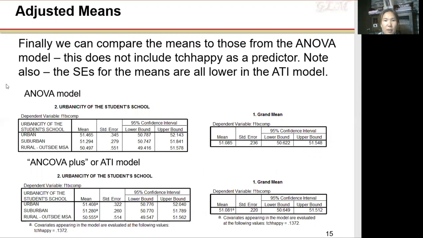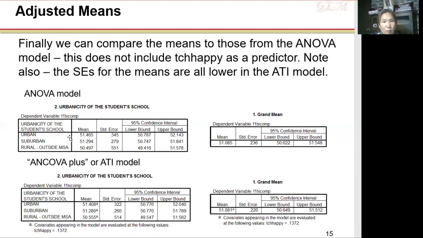Finally, we can compare the means to those from the ANOVA model. This does not include teacher happiness as a predictor. ANOVA has only a categorical variable. Note also, standard errors for the means are all lower in the ATI model.